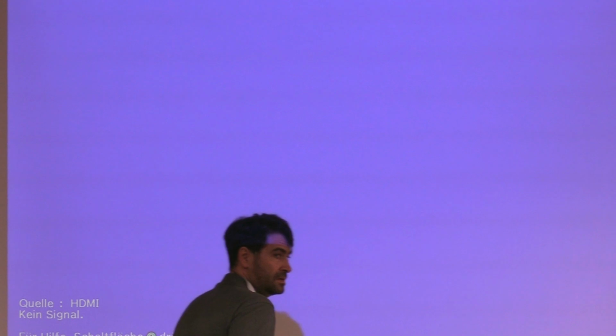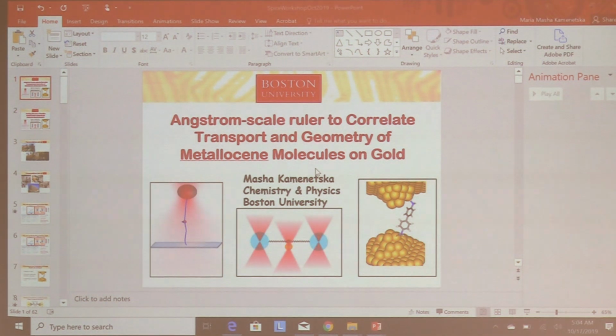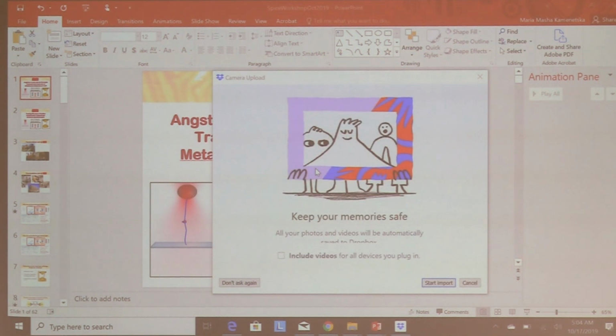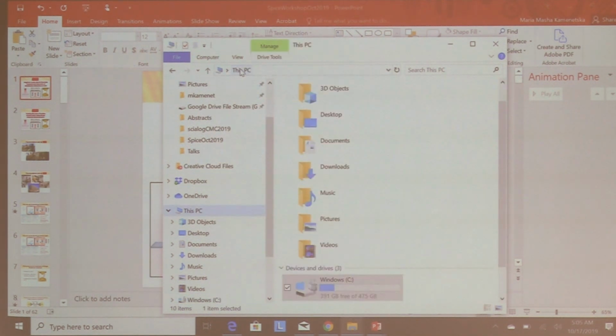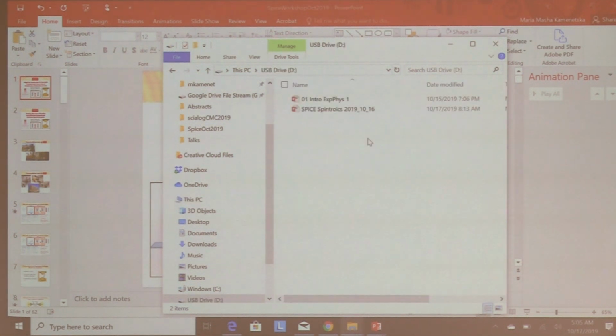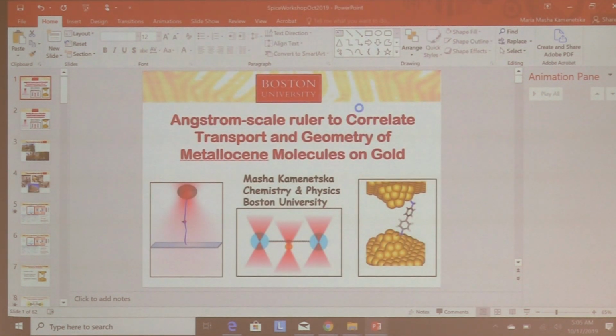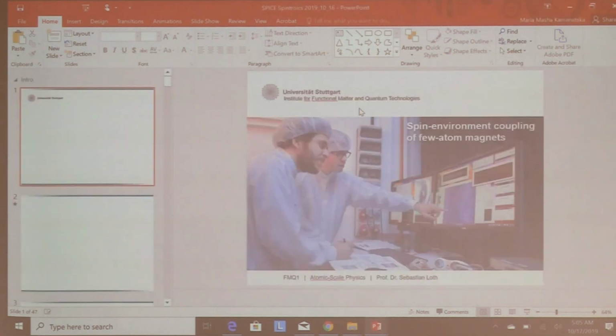Maybe do you have another computer? I'm sorry, I thought that my notebook would work. Yeah, let's try. Perfect.